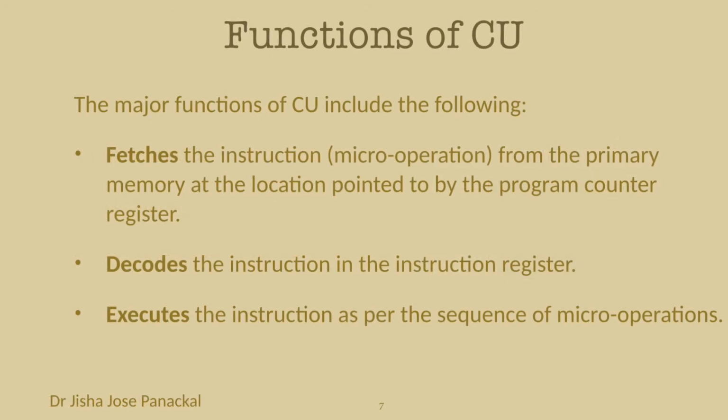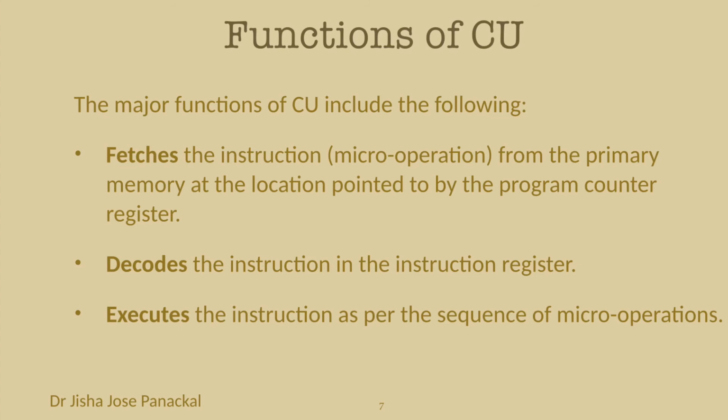Now let's see what the functions of the CU are. The major functions include: it will fetch the instruction, that is the micro operation to be performed by the processor, from the primary memory at the location pointed to by the program counter register. So whenever the processor is ready for execution, it will fetch the instruction from the primary memory as per the program counter register.